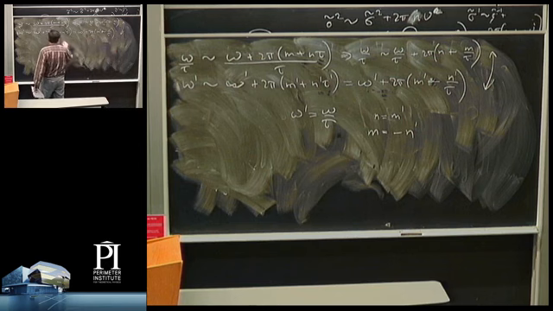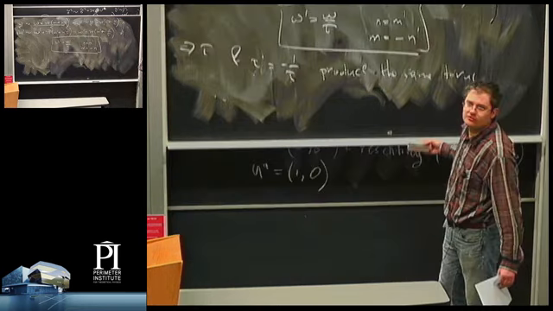So the first thing I have to do is say that omega prime equals omega over tau. And then I'm going to say that n equals m prime, and m equals minus m prime. So once I did this map, I provided a point-like map between a torus here and a torus here.